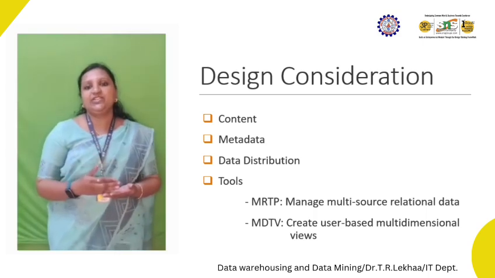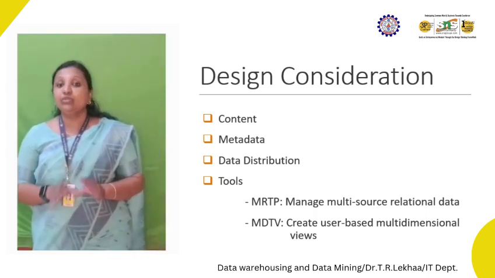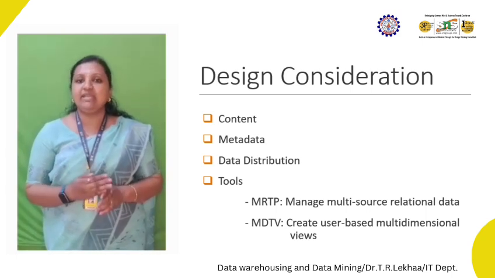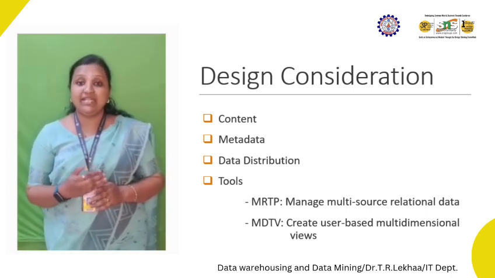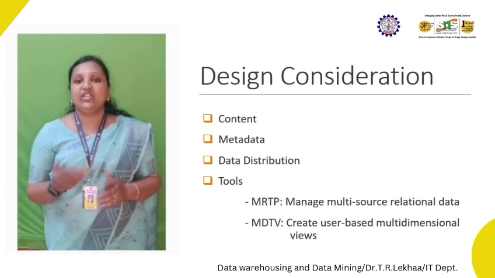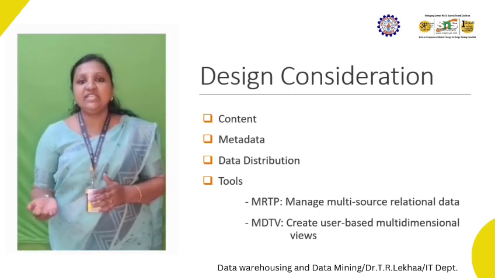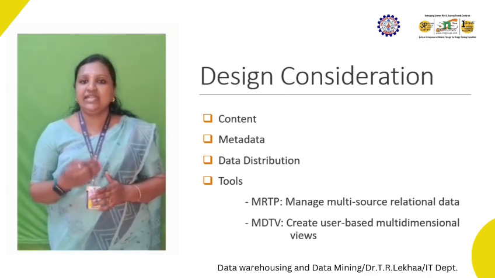And the next design consideration is the tools. In tools, we have some access tools like MRTP and MDTP, which mean the multidimensional database structure or the multi-relational database structure. With the help of these structures, we see how the data is handled.